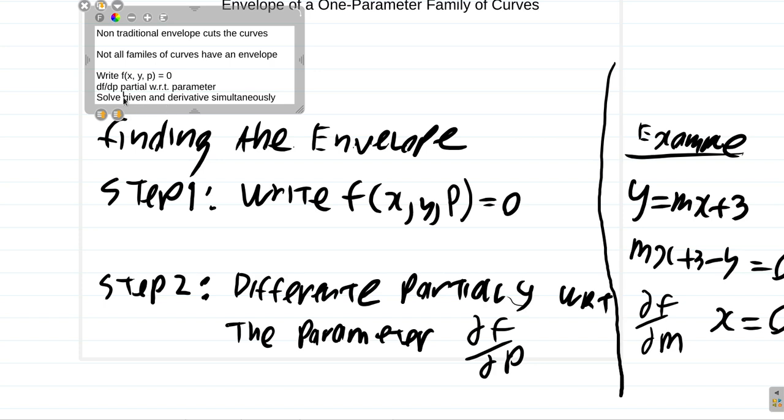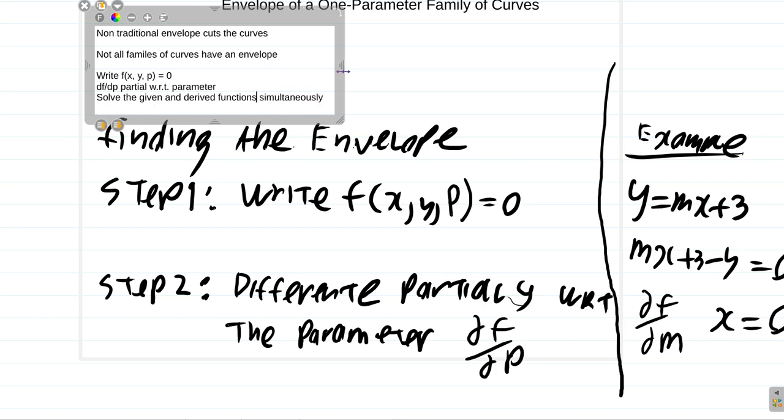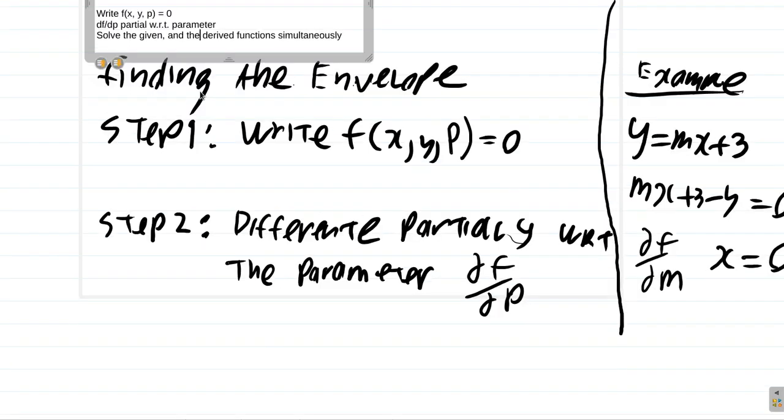Let me just type and add: solve the given and the derived function. That's a neater way of putting it. Solve the given and the derived functions simultaneously.